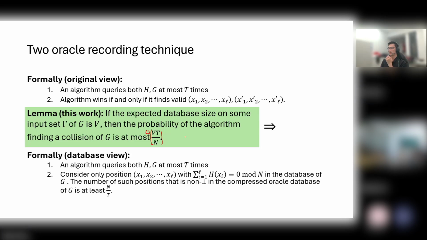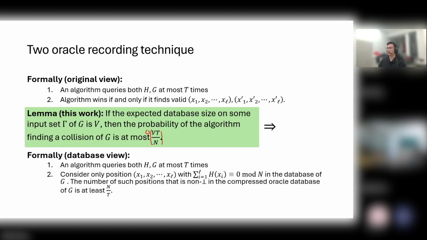And so this means that if you view this game in the database view, then what you get is this. Still you have this algorithm with a similar constraint.